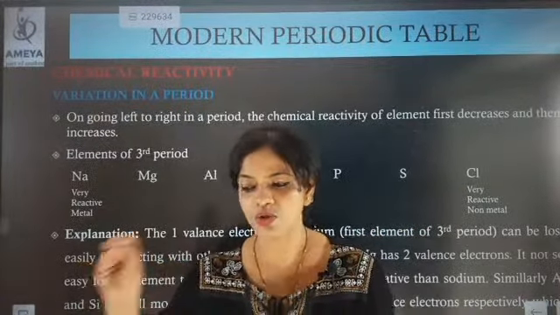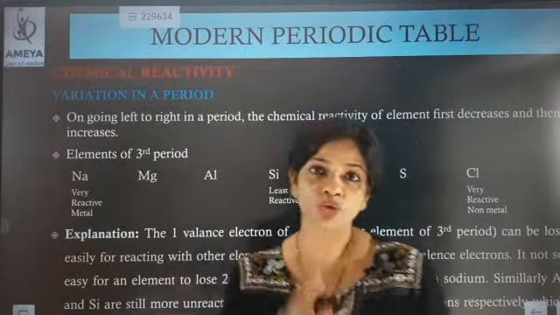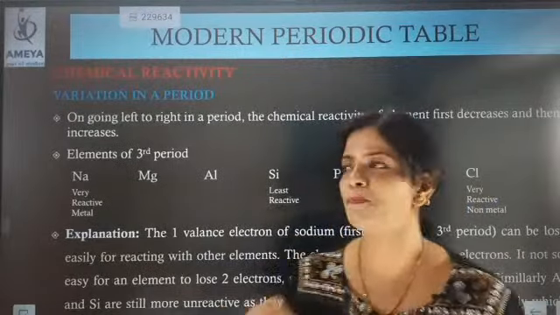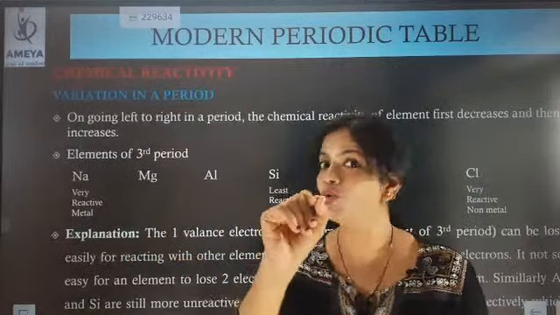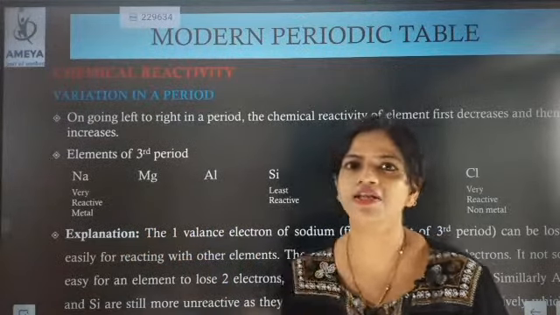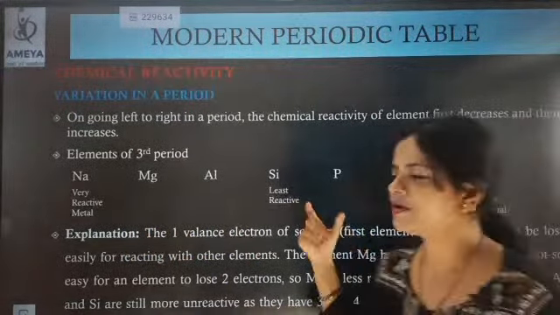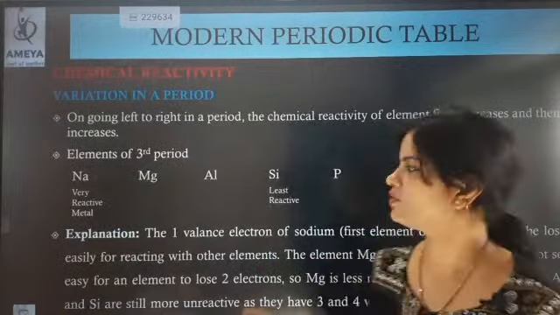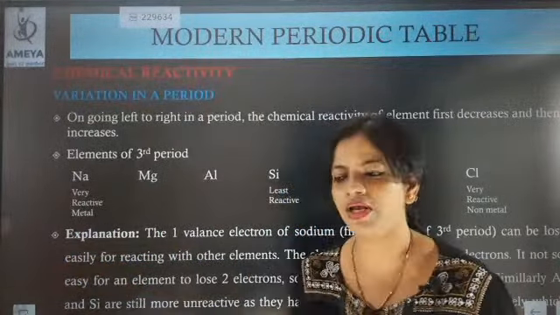So chlorine is also a very important element. That's why I have selected it, so that in the examination you can pick this period and write it. And you also know one very important thing, that silicon is a metalloid. Now silicon is least reactive.